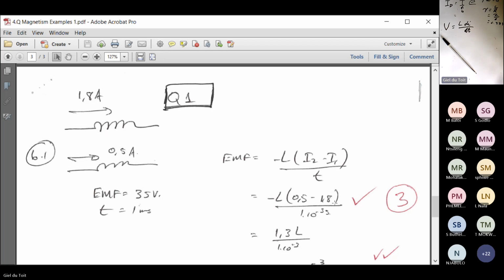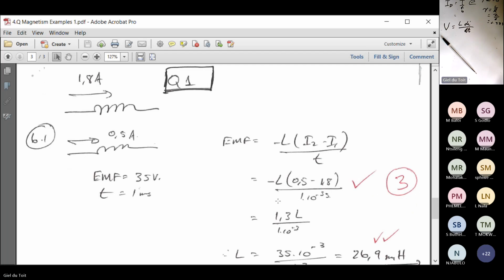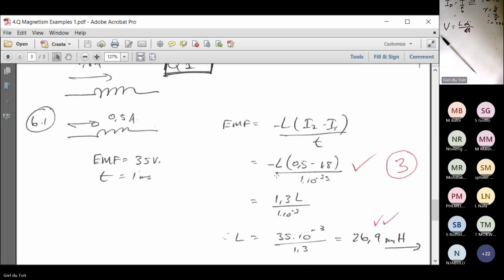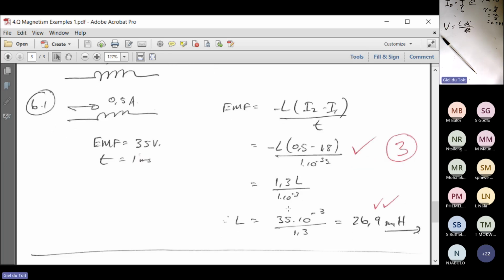Minus 1.3. You see, 1.3 is your current change. The voltage is 35, so 35 is 1.3 times L over 1 millisecond. And therefore, it is that over that, so it's 26.9 millihenry.